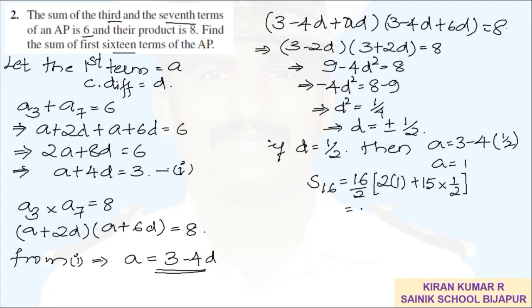Simplify this, it will be 8 times 2 plus 15 by 2.